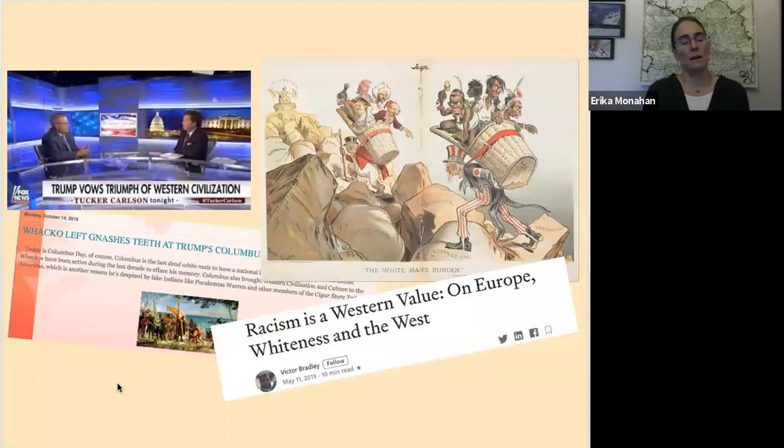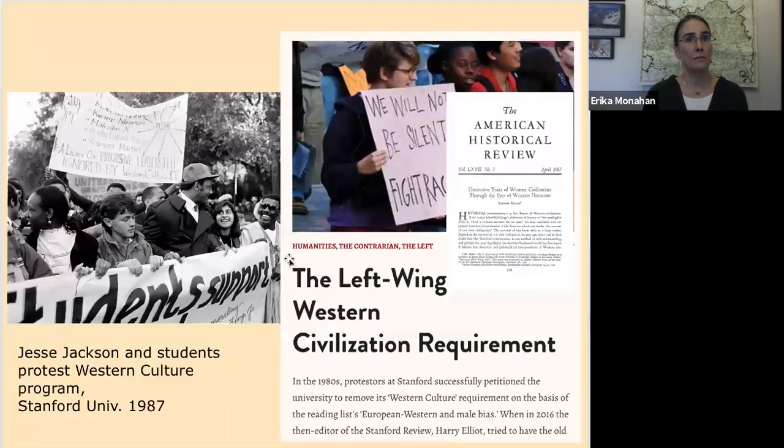And on the left side of the political spectrum, but not only on the left side, as this slide shows you, the article linked here, the left-wing Western civilization requirement, makes a case from a more left perspective on why it's worthwhile to teach Western Civ.